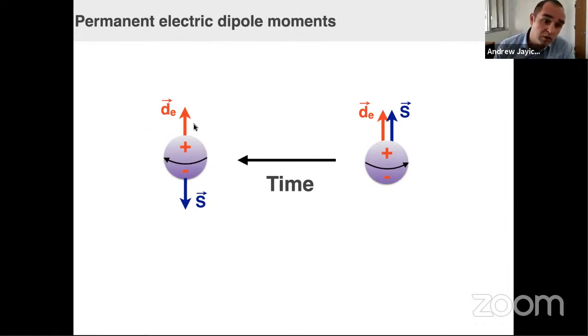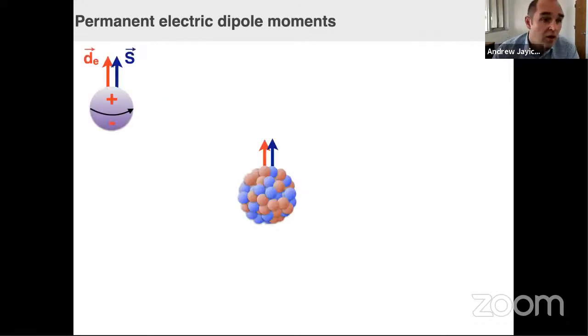And now the particle looks completely different when time has been reversed. These two spins are now anti-aligned. That's a time reversal violation and would be a hint at new physics beyond the standard model if we could measure such a moment.